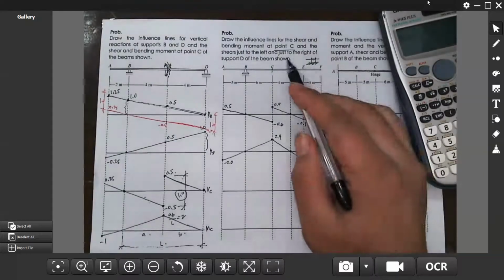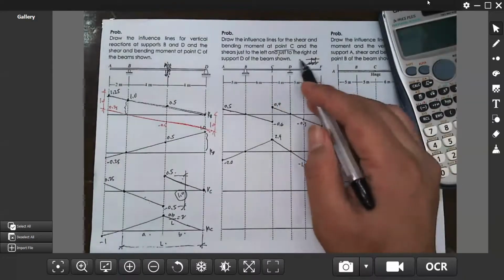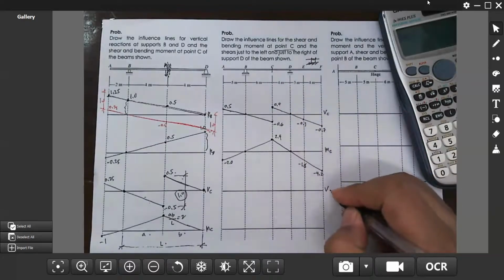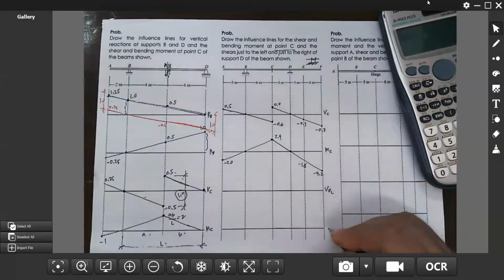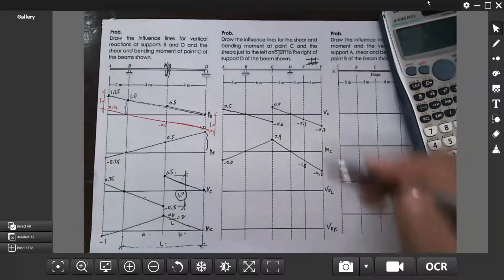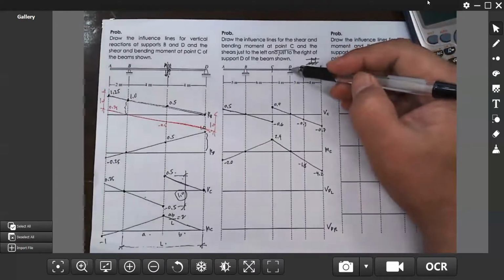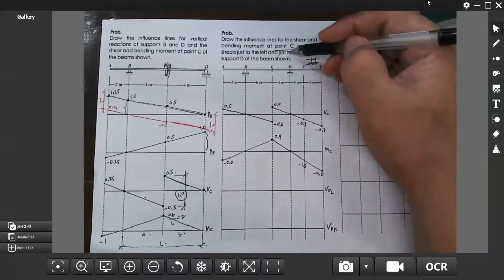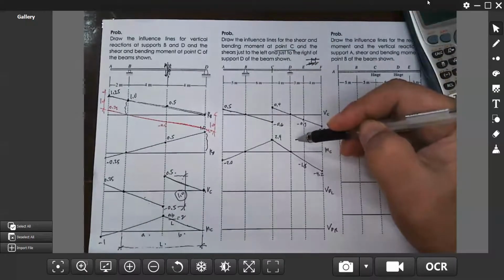And then next to the left of D, shear D left, and then shear D right. Na, kung dili ka mag-cut before sa D, i-post na nimo, no?